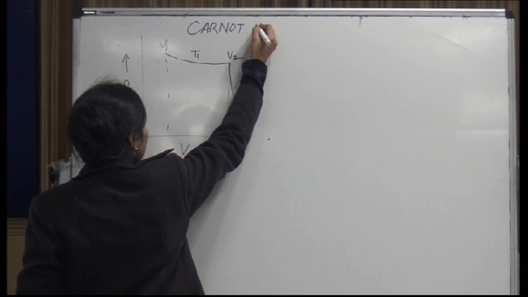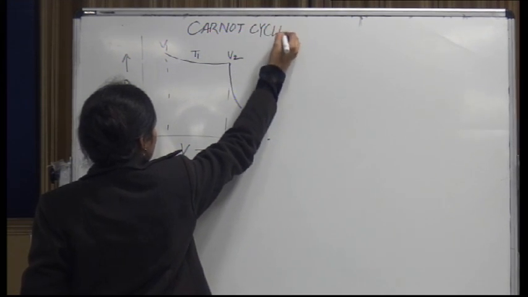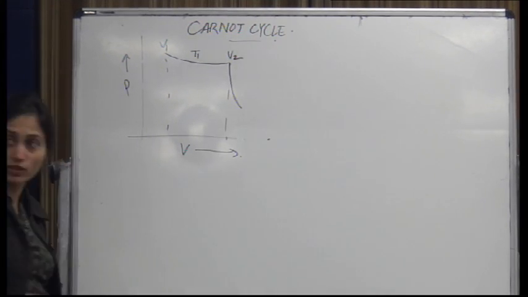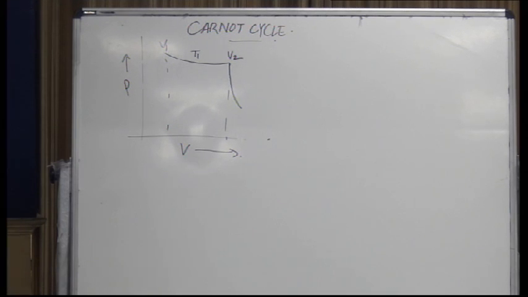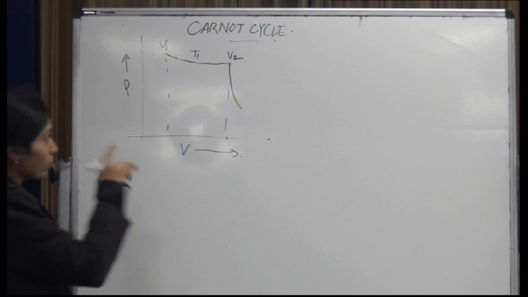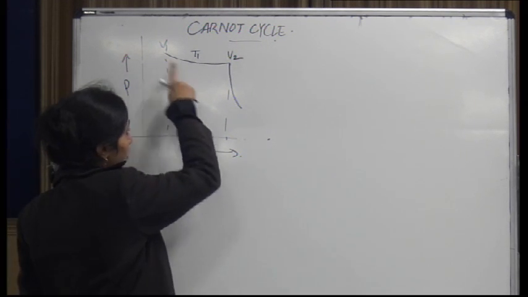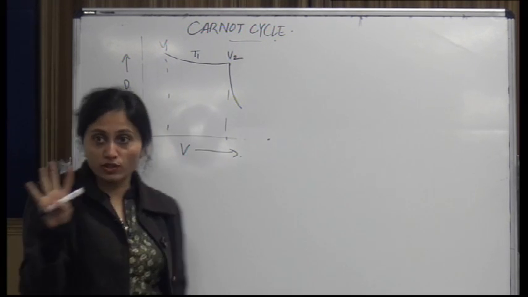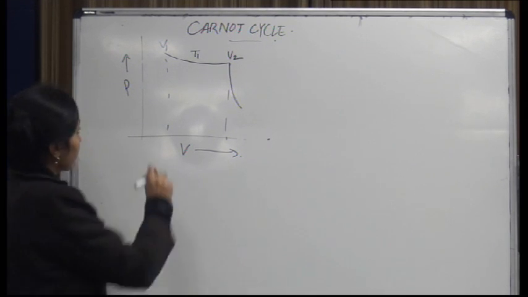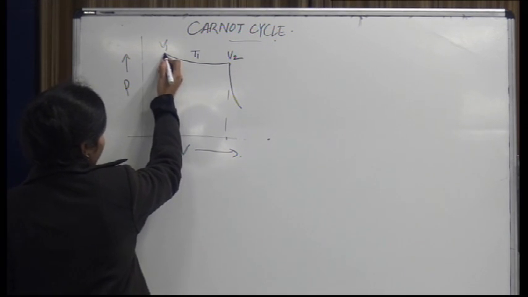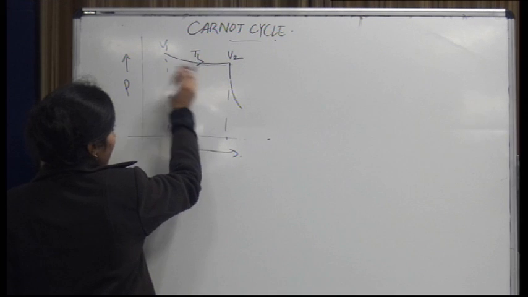I am talking about Carnot's work, and this is what is popularly known as the Carnot cycle. You will do it in physics in detail. So I will quickly give you the important formulae. Here what happens is we see that Carnot carried out his cycle in 4 steps. He first started from volume V1 and moved to volume V2.